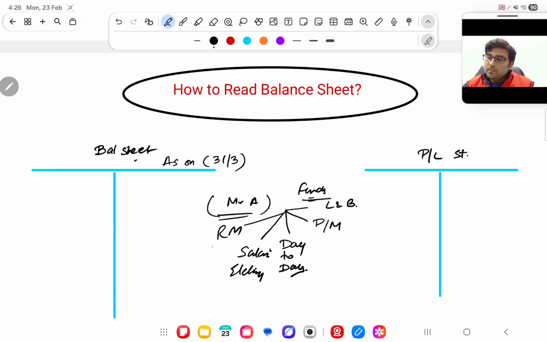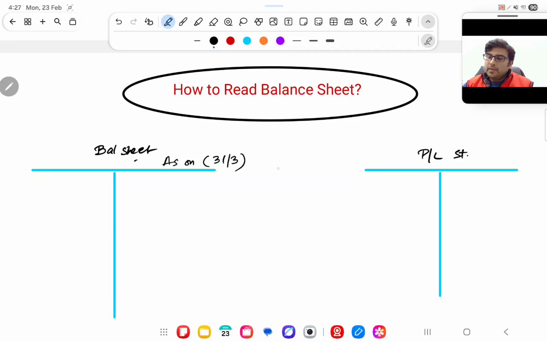Now let's assume Mr. A has 1000 lakhs or 1000 crores or 1000 rupees, 10,000, whatever it is. Just understand the concept. Forget about the denomination. Okay, so he's having 1000 with him. Now what he'll do, he will invest that amount in the business, and that will be known as capital.